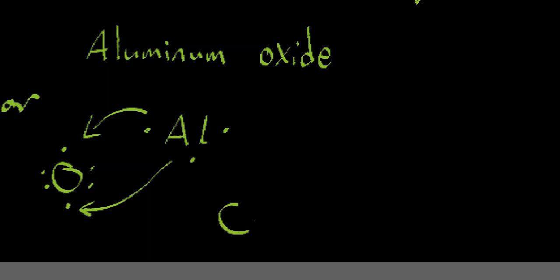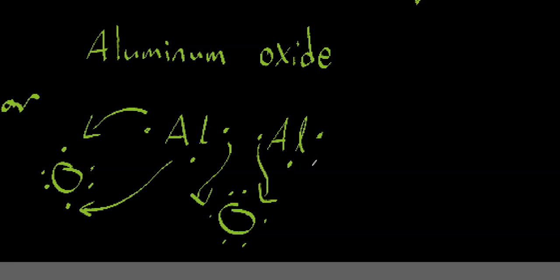Now this oxygen is satisfied, but aluminum still has 1 more electron to give away. So we'll set up another oxygen. Give that oxygen an electron from aluminum, but unfortunately that's the only aluminum electron left. So we actually have to add another aluminum to give more electrons to this oxygen. See the same thing happening. It gives away that electron. Now there's 2 left to give away.